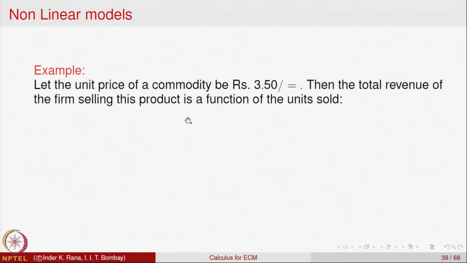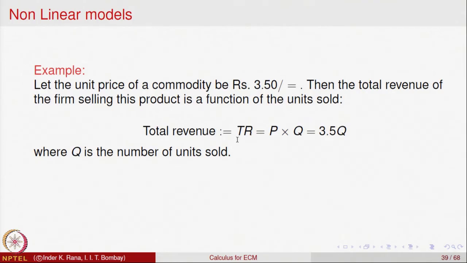Let us look at the price of a commodity, where the price per unit is 3.50. Then the total revenue of the firm selling this product is a function of the units sold. So, Q units are sold and each unit is sold at a price of 3.50. So, we get the total revenue.